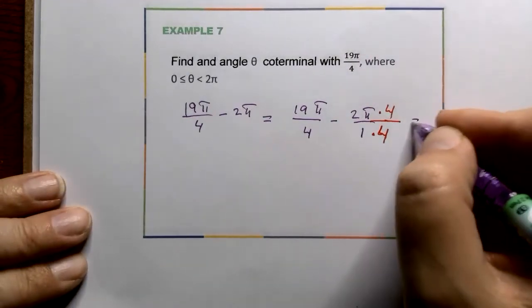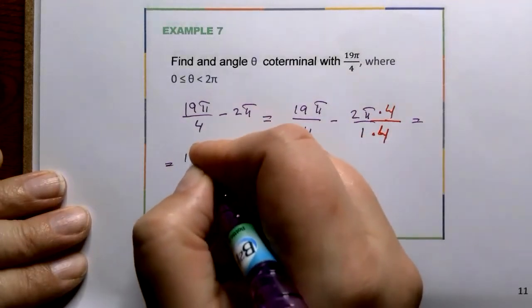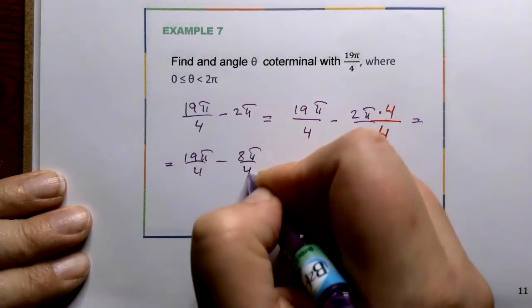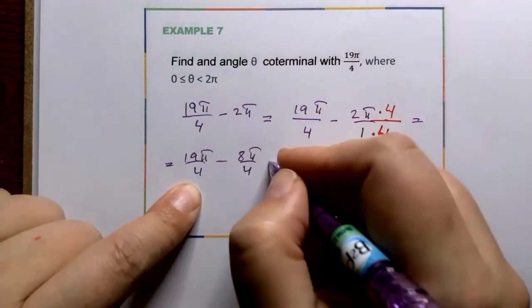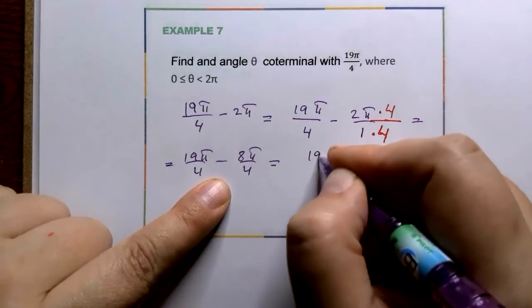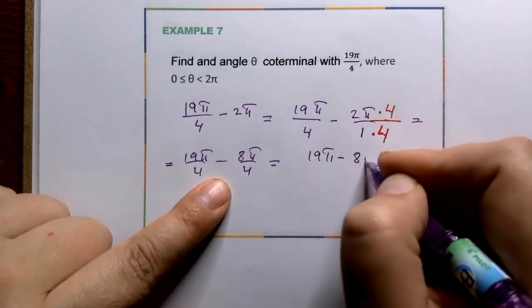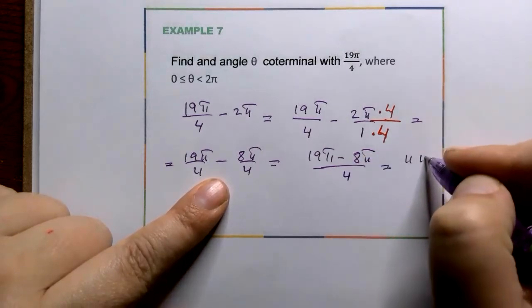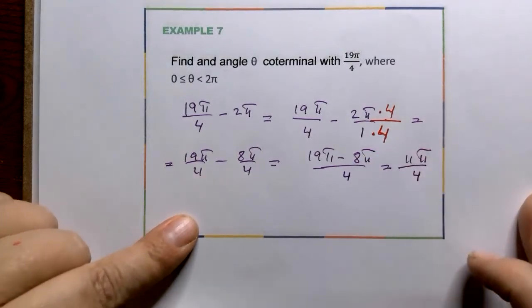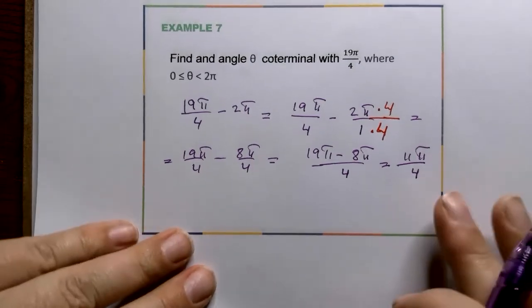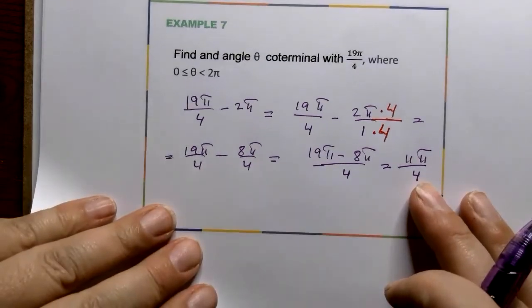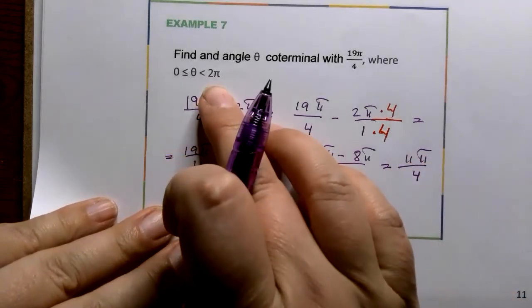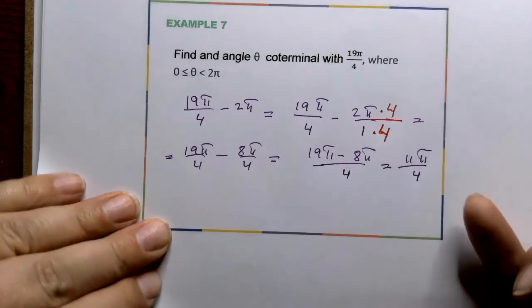So what we're going to have is 19 pi over 4 minus 8 pi over 4. Now we have the same denominator, and we can go ahead and subtract. We have 11 pi over 4. Now this is still big. 12 pi over 4 would be 3 pi, and we need to be smaller than 2 pi. So we need to subtract again.